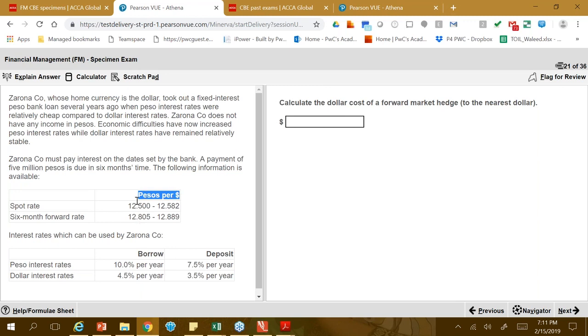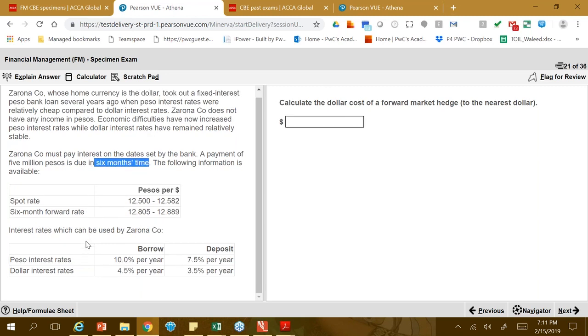The transaction is due in 6 months' time, 5 million pesos. Then we have the borrowing and deposit interest rates per year in peso and dollar for our money market hedge calculation. First of all, calculate the dollar cost of a forward market hedge to the nearest dollar.